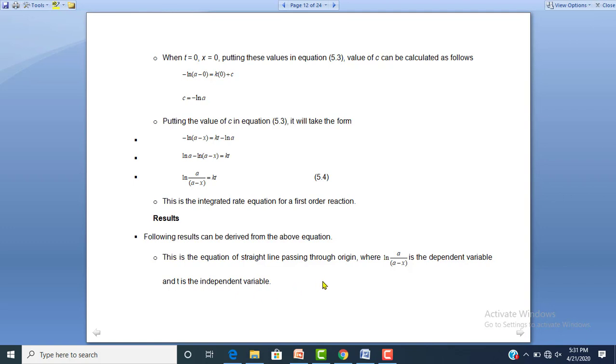Here are two types of variables, dependent and independent. And dear students, remember, when you find out rate constant expression for the first order reaction, then the natural log a over a minus x will be the dependent variable while time t will be the independent variable.